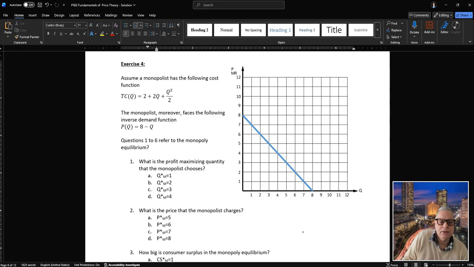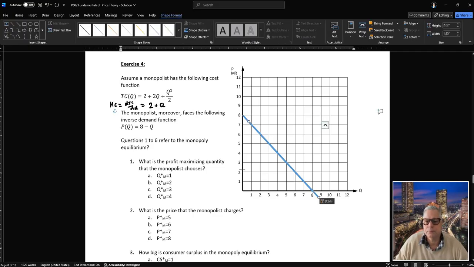So we have to take the marginal cost function, and we get that when we derive the total cost function with respect to q, and then we get 2 plus 2, then it cancels out, so 2 plus q. Okay, so it has a slope of 1. So that's the supply.